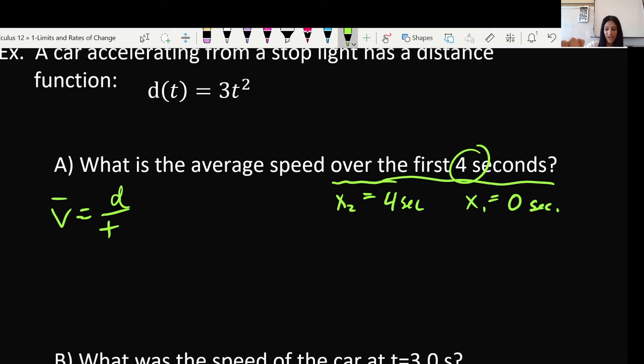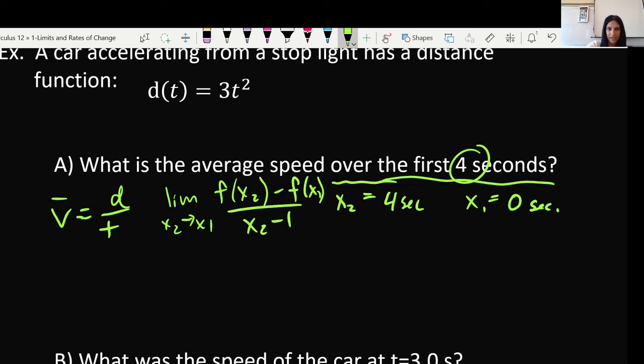So we want to use that formula, the limit as x2 approaches x1 for f of x2 minus f of x1 all over x2 minus x1. I'm going to get rid of that because it's running into there. So, knowing that and applying that, we can start to plug things in.